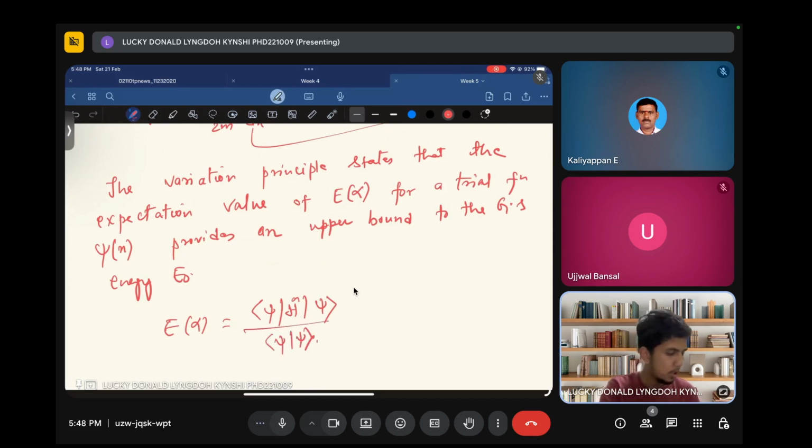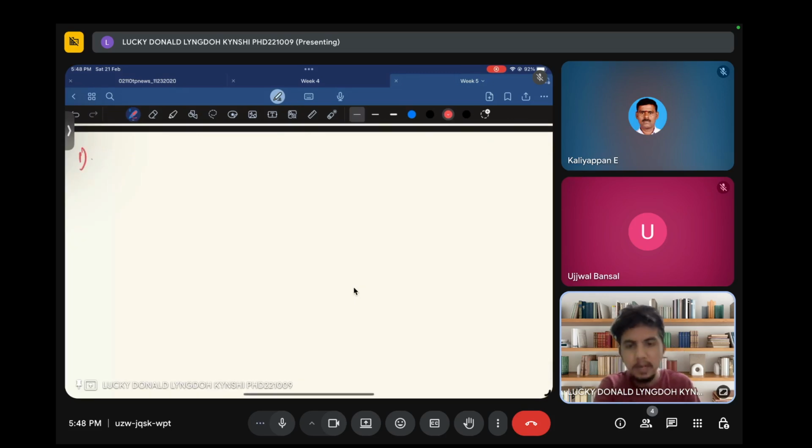Okay, so now step 1: the wave function is given to you such that psi of x is equal to A times (alpha square minus x square). But first we have to normalize, so that we get the constant A. The normalization condition is the integral of psi star psi dx equal to 1.